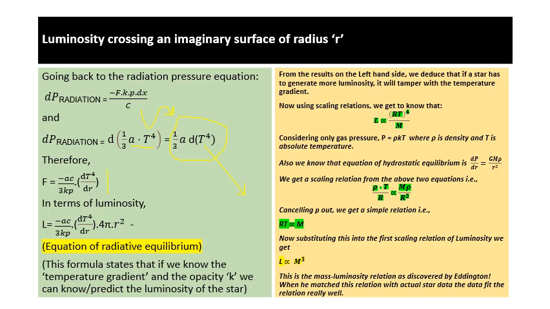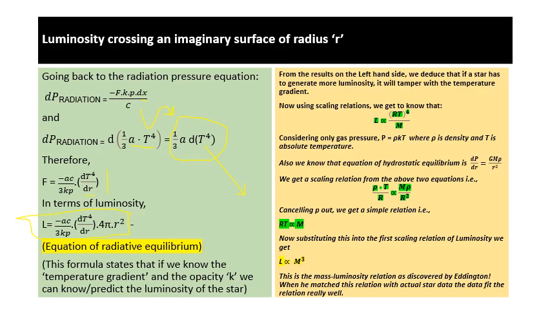Now we know the luminosity is flux times the cross-sectional area over which the energy is spreading. Therefore, we get the luminosity relation also, which is the previous equation multiplied by 4 pi r square. Here we have not used dx, you might get confused. It's dr. It's for a star basically, the radial distance from the core. So we get the equation of radiative equilibrium.